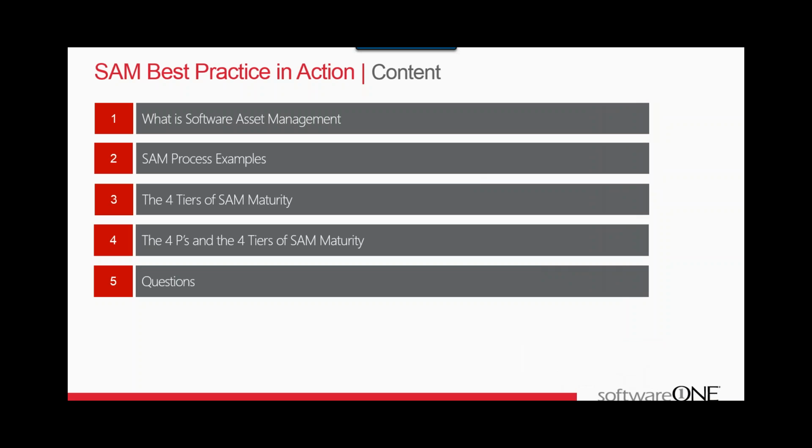So we'll run through a quick overview of what software asset management is to ensure that we're all thinking on the same page, some examples of process in there, and then we'll dig a bit deeper into the 4 tiers of SAM maturity and how that fits in with the 4 Ps. We're going to finish off with some questions, and then I'll briefly run through what will be happening in the next 3 webinars in the 3 following weeks.